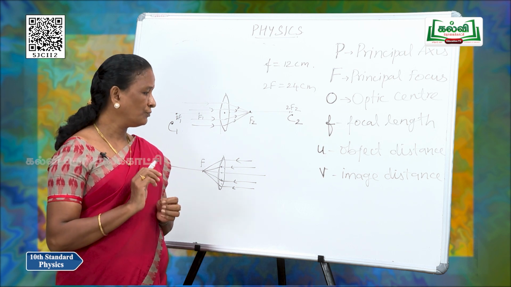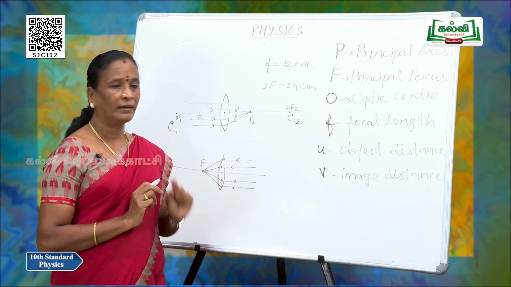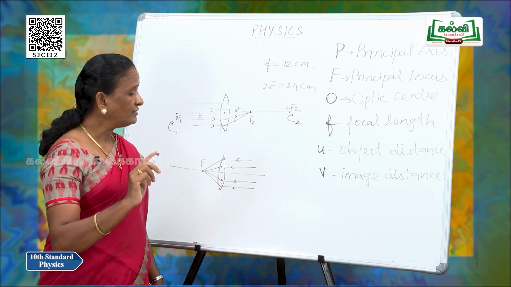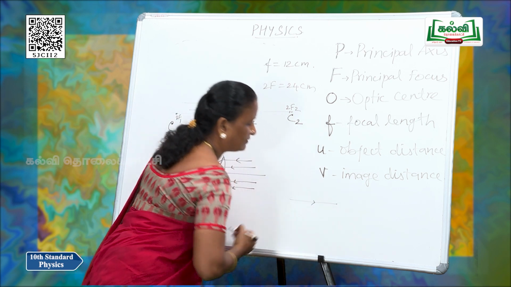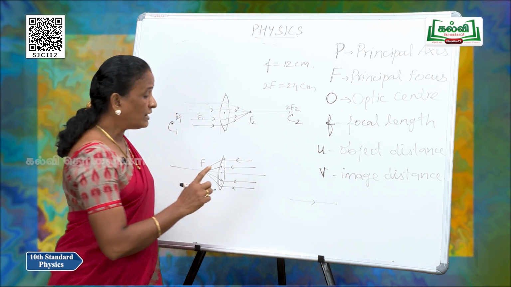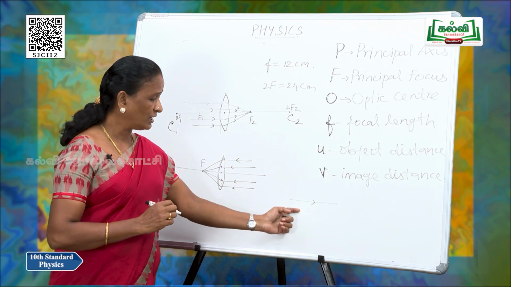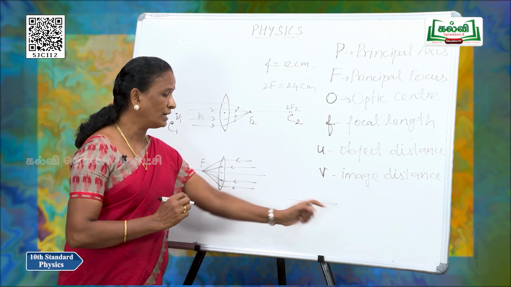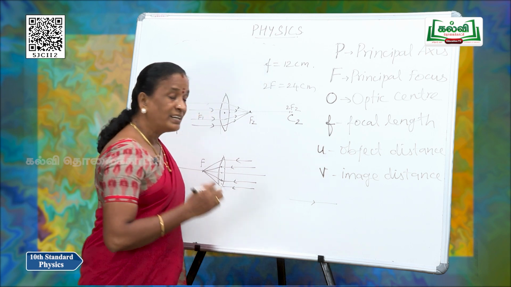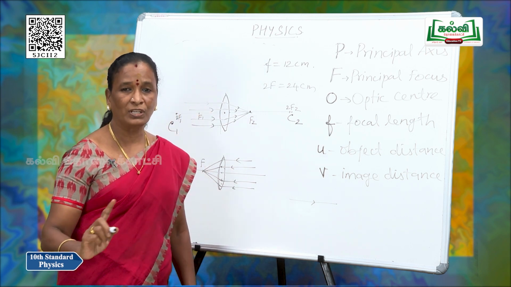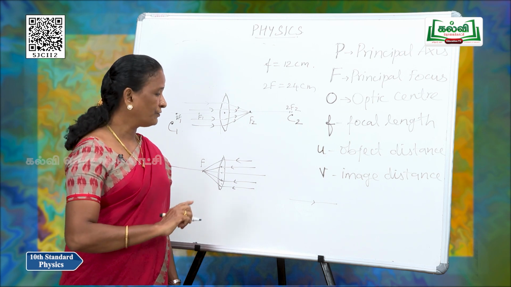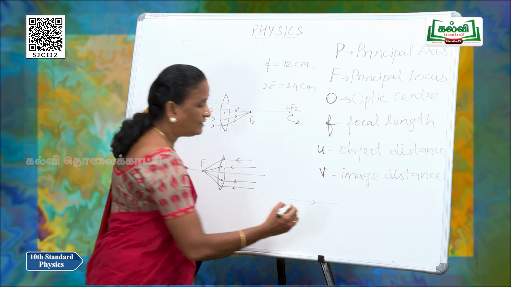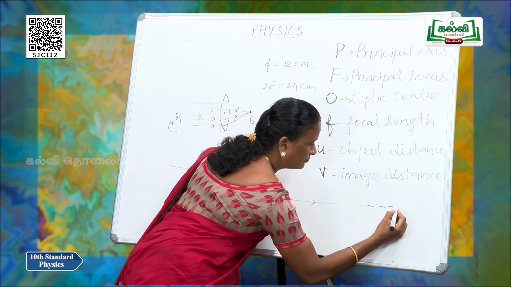One more thing I want to tell you: to draw the ray diagram, the real rays are drawn with bold lines. The extended light, which we are going to see in the concave lens and also in the last part of the convex lens, is drawn with dotted lines.